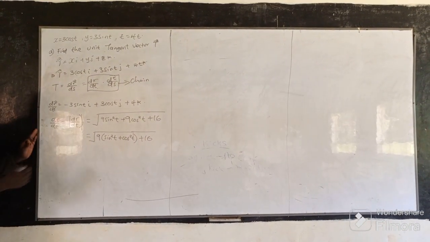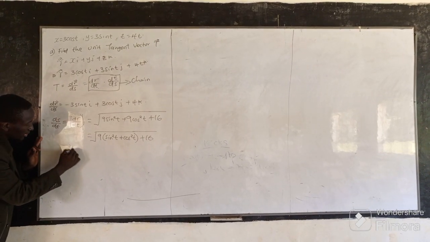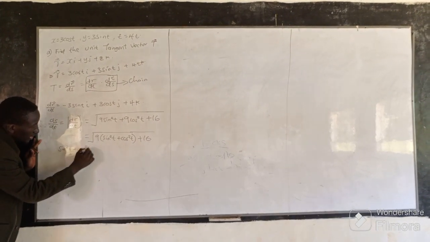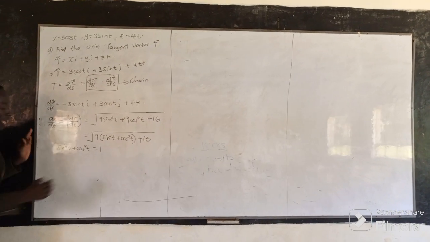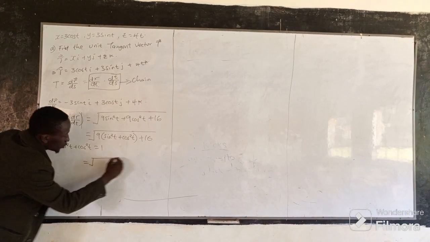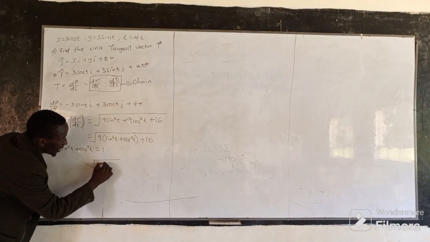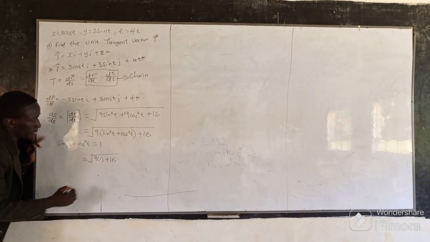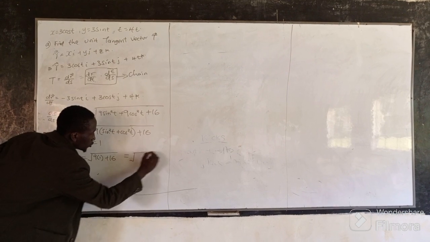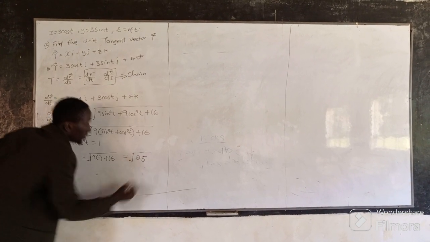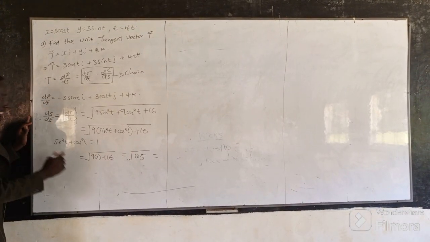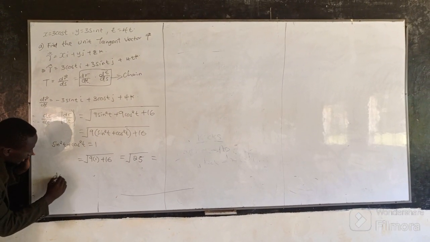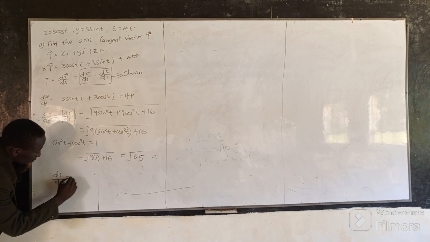From the identity, sin squared t plus cos squared t, I'll have 1. Now, if I substitute, I'll have the square root of 9 multiplied by 1 plus 16, which will be the square root of 25. Then my value of ds over dt will be 5.